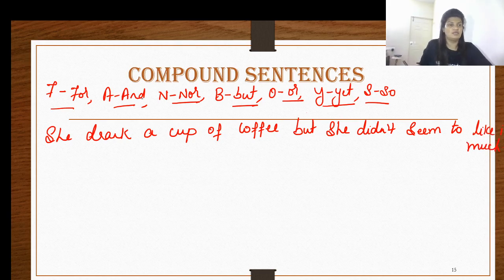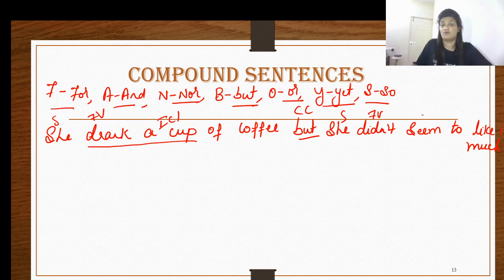So here, she drank: subject, verb, that is finite verb, and a coordinating conjunction, and here again a subject and also our finite verb. She drank a cup of coffee, but she didn't seem to like it much. So this is our independent clause number 1, and this is our independent clause number 2. And we have our conjunction but, therefore, this qualifies as our compound sentence.